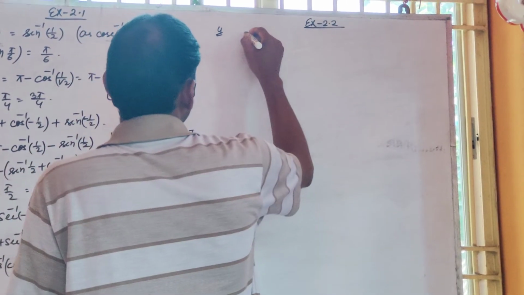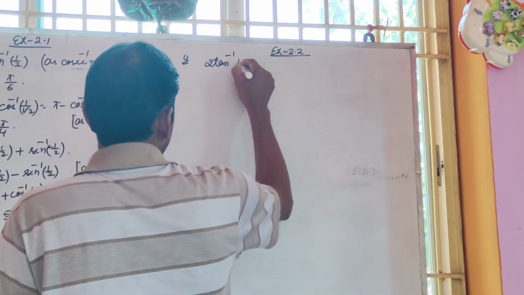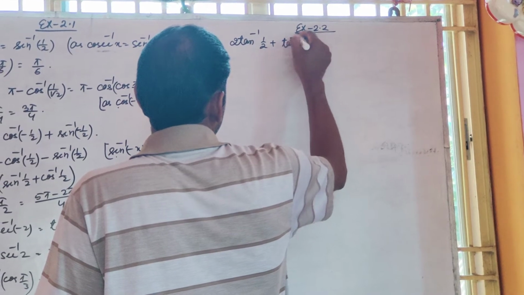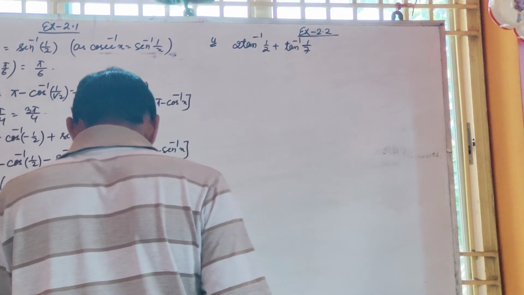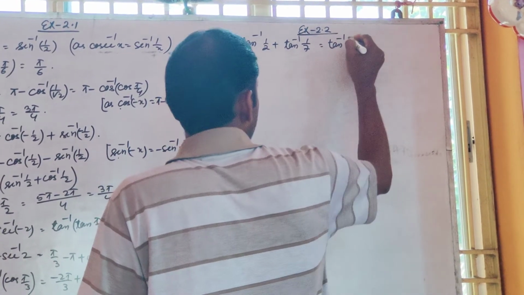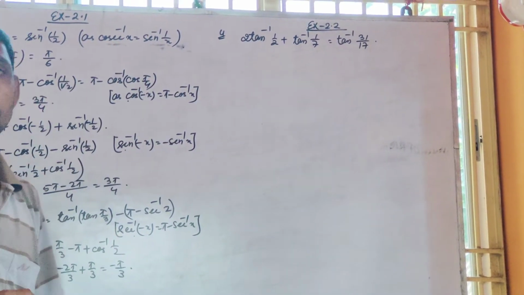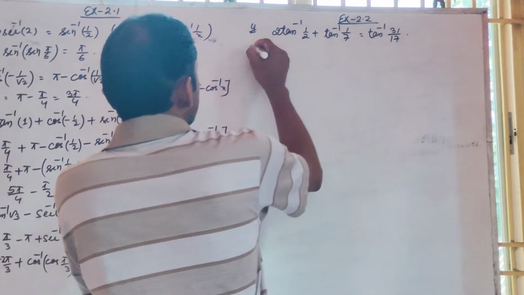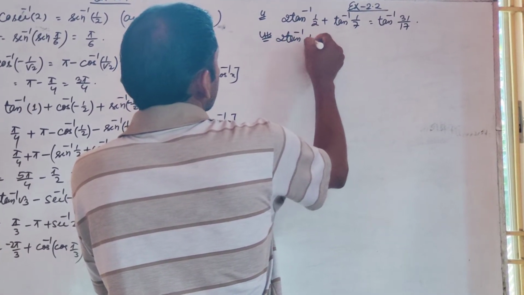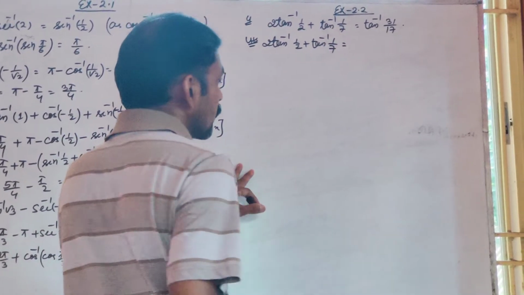It is 2 tan inverse 1 by 2 plus tan inverse 1 by 7 equal to tan inverse 31 by 17. We have to prove this. So first let us take our LHS. It is 2 tan inverse 1 by 2 plus tan inverse 1 by 7.